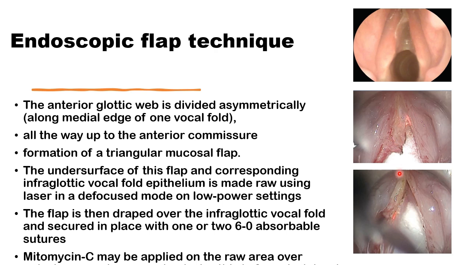And then you can drape the de-epithelialized raw surface around the vocal fold edge on that surface and secure it in position with something like a 6/0 absorbable suture. And then mitomycin C can be applied over any residual raw surface, particularly in the anterior commissure area. In that way, you would have the raw surface only on one side, and the other vocal fold will be covered with the endoscopic flap.